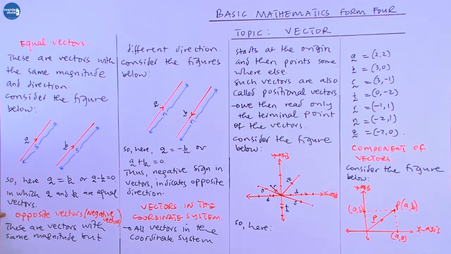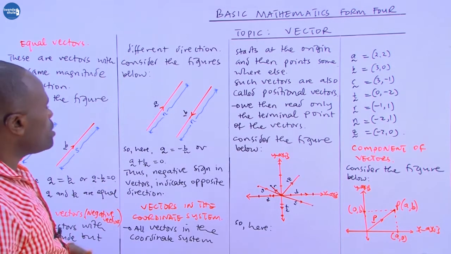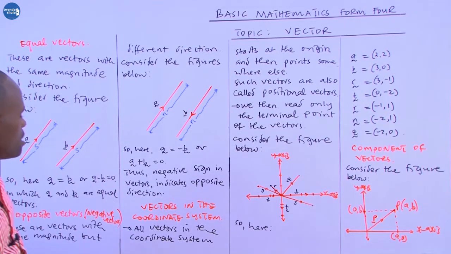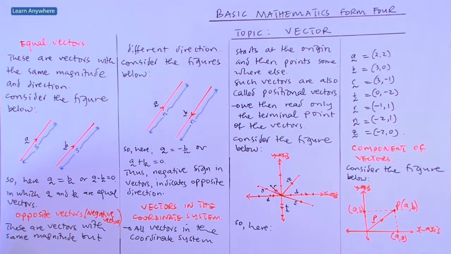We call opposite vectors, also called negative vectors. These are vectors which have the same magnitude but point in different directions. So the word opposite vector is also referred to as negative vector. That is to say, a negative sign in a vector signifies opposite direction.